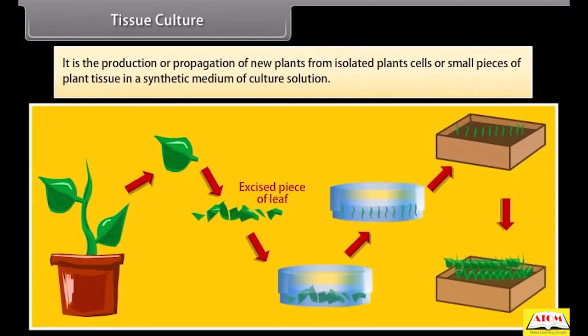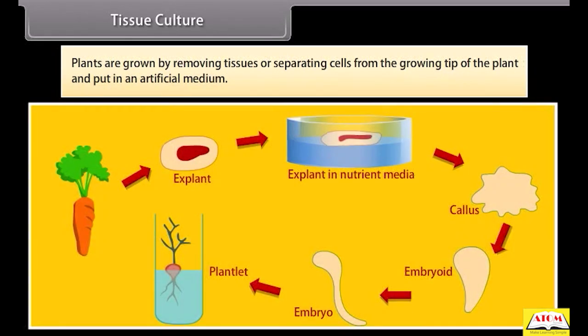Tissue culture. It is the production or propagation of new plants from isolated plant cells or small pieces of plant tissue in a synthetic culture medium. Plants are grown by removing tissues or separating cells from the growing tip of the plant and putting them in an artificial medium.